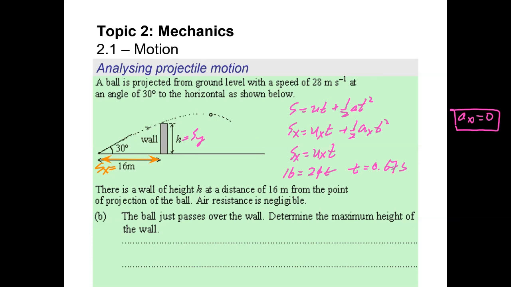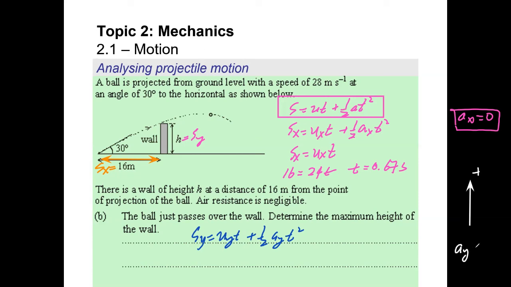Now let's write down the y component of this equation. We choose upward as the positive reference. Acceleration due to gravity is always downward, so ay equals minus g. Sy equals uyt minus 1 over 2 gt squared.